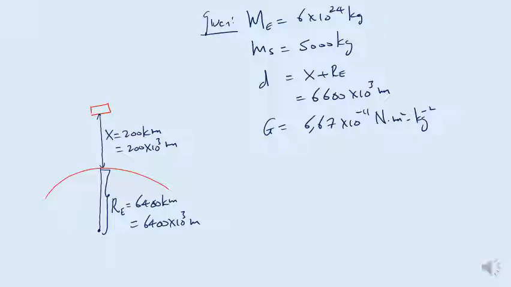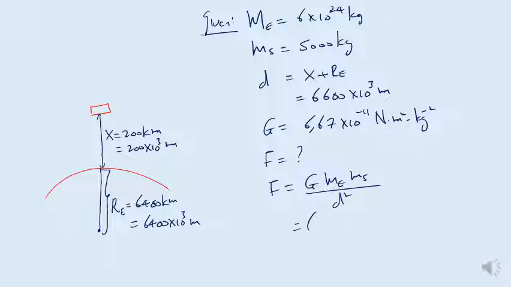What are we looking for? Well, we want to find the force that the Earth exerts on the satellite. So we write down the Newtonian formula, F equal to G times the mass of the Earth, times the mass of the satellite, divided by the distance squared.